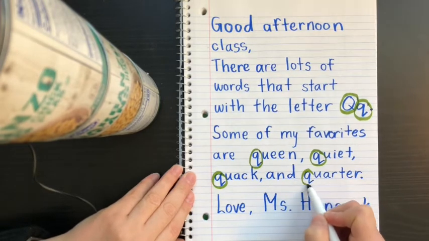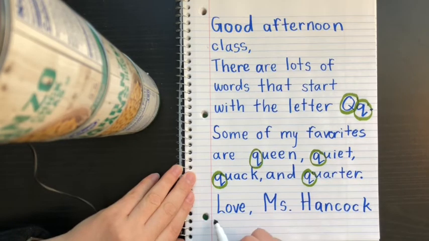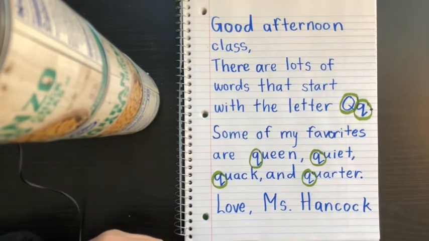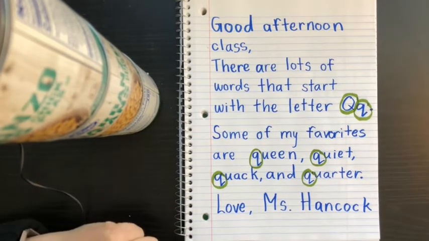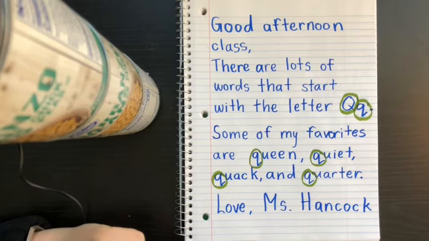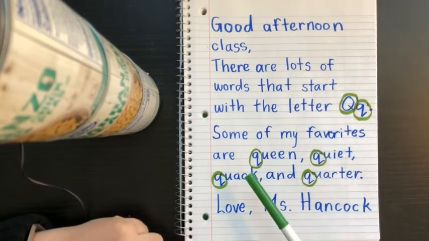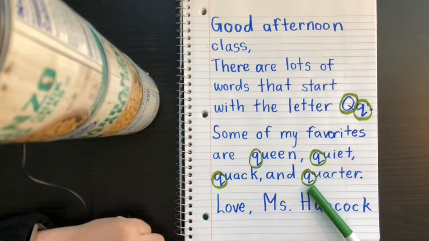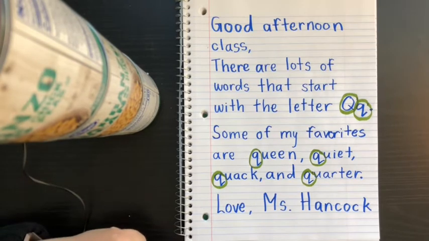And a lowercase q for quarter. And it looks like that's it. So let's go ahead and count how many Q's are in our morning message. Count along with me. 1, 2, 3, 4, 5, 6. 6 Q's in our morning message.